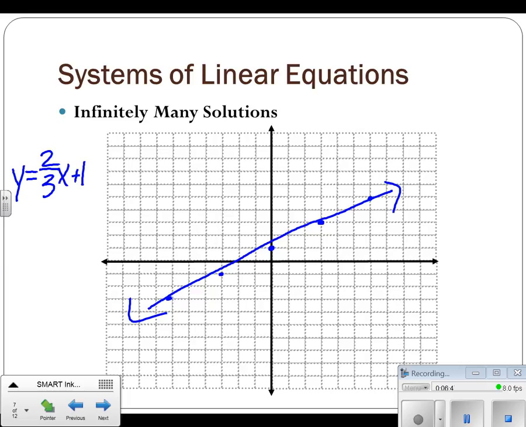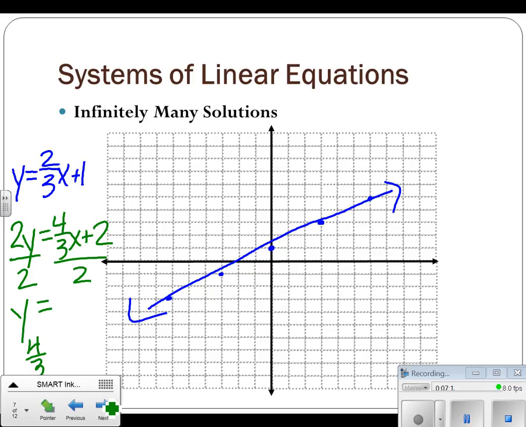Now if I had another equation like 2y equals 4/3 x plus 2, and I want to put it in slope-intercept form, so I'm going to divide both sides by 2, and I get y equals 4/3 divided by 2, which is the same as multiplying by a half, which ends up being 4/6, which ends up being 2/3.